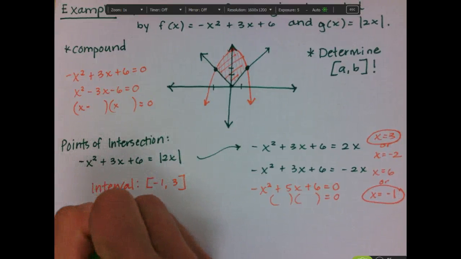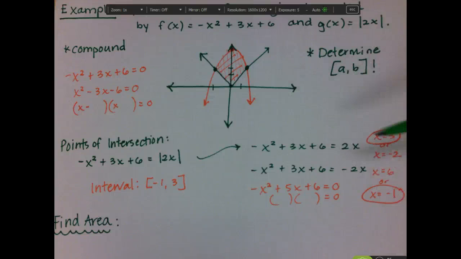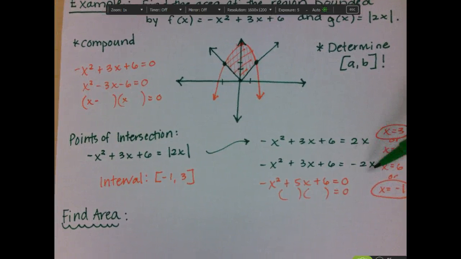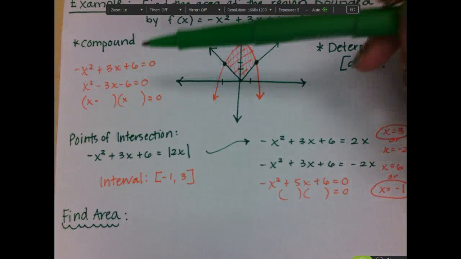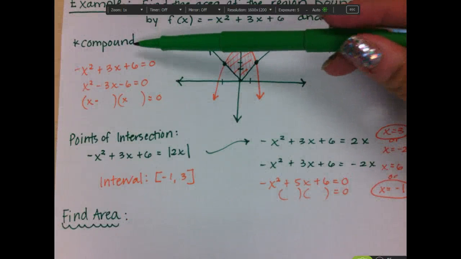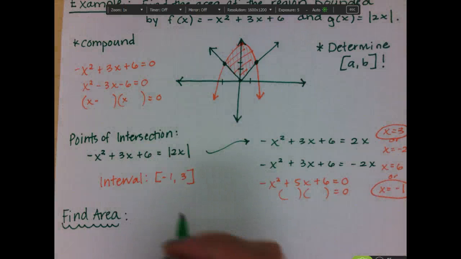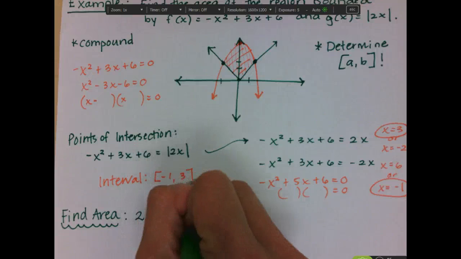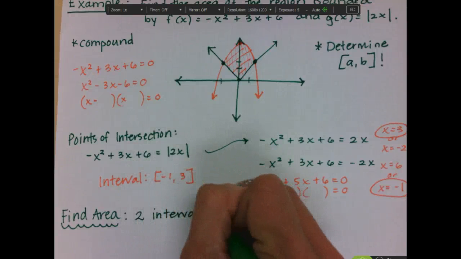Well, you'll notice a few minutes ago that when we went to find the points of intersection between these two curves, we had to take the absolute value of 2x and split it up. And that is the reason that this is actually a compound example, where we actually need to use two intervals of integration.